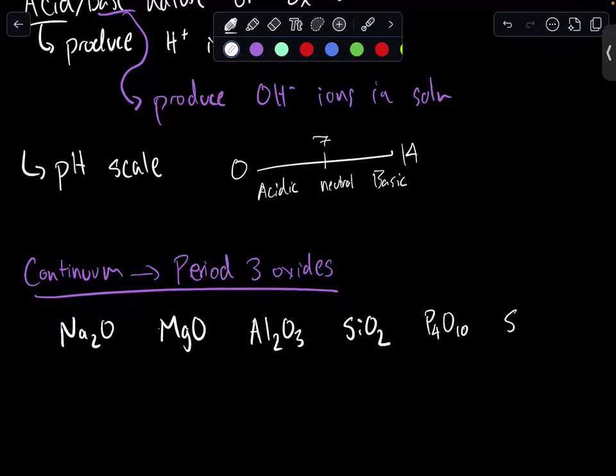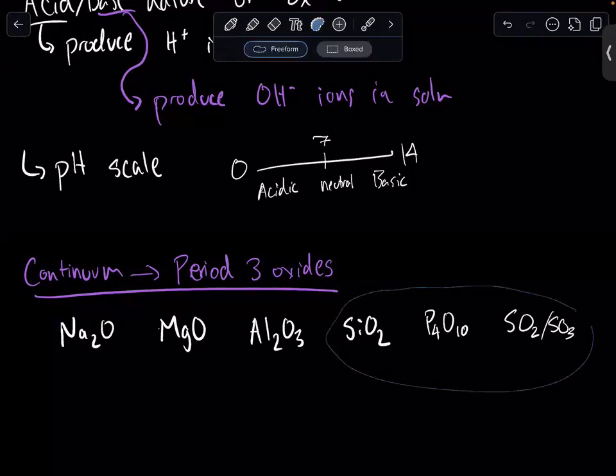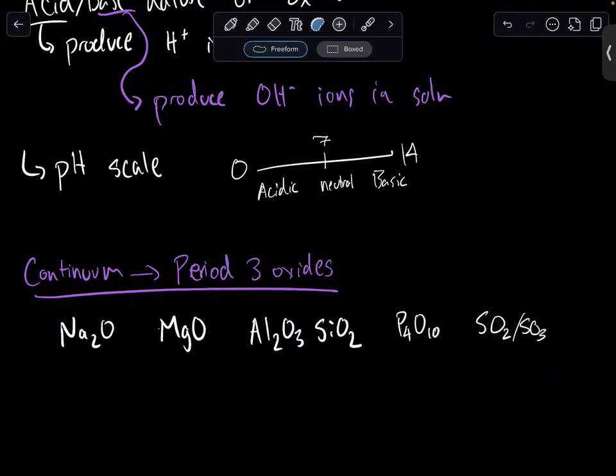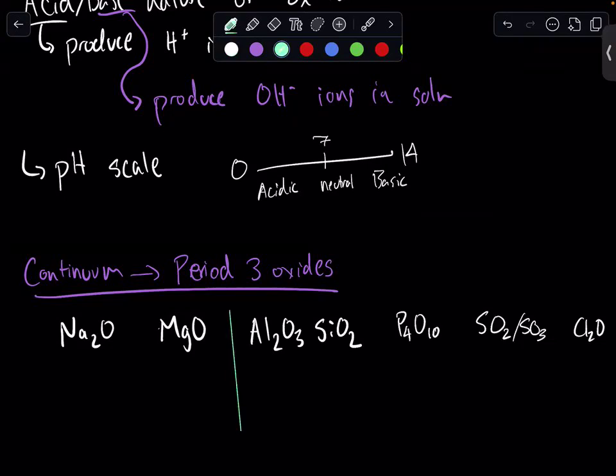Then we go to our sulfur oxides, SO2, SO3, and I did not leave myself enough space, so I'm just gonna scooch these over. And we're gonna end up with Cl2O.